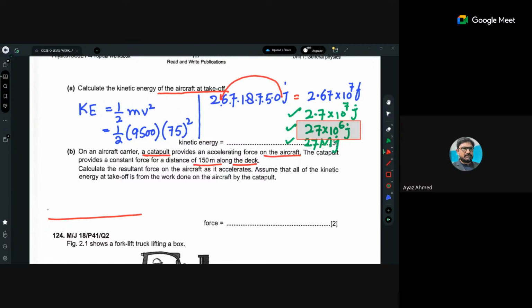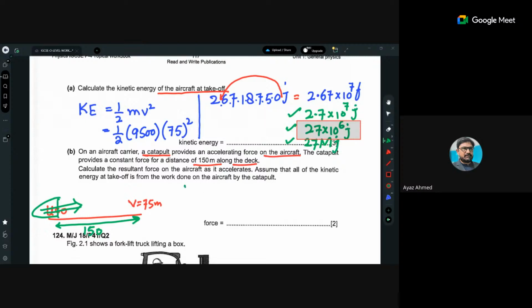Let's say its initial speed is 0 and its final speed is 75 meters per second. It covers 150 meters from this point to this point, so all of the kinetic energy is basically provided by the catapult, which releases it from here.